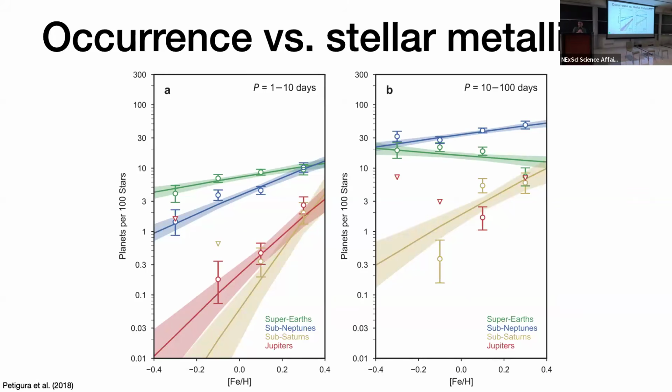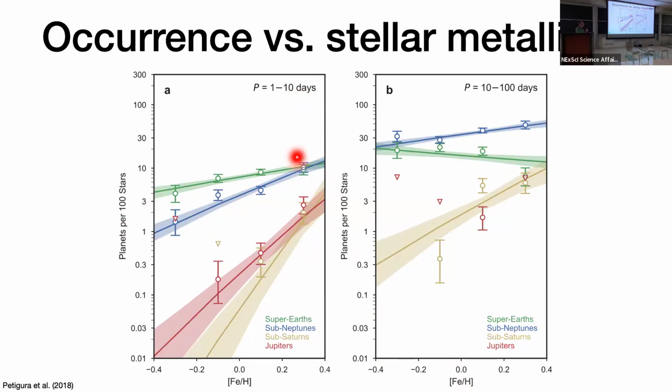Kepler has allowed us to do that for smaller planets as well. That's what's shown here. And so, for example, for periods between 10 and 100 days, the super Earths and sub Neptunes, the green and the blue here, do not show much of a change in occurrence with stellar metallicity across the range shown here. For the very shortest period planets, there does tend to be an upward trend. There is a positive association.